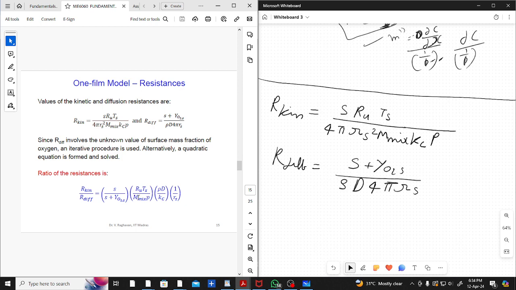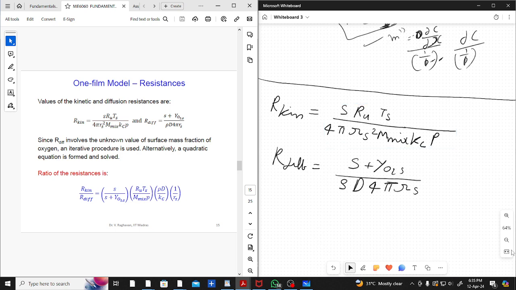Okay guys, see, they have given that kinetic resistance and diffusion resistance are the same, so you need to equate these two correlations and then find the surface temperature.